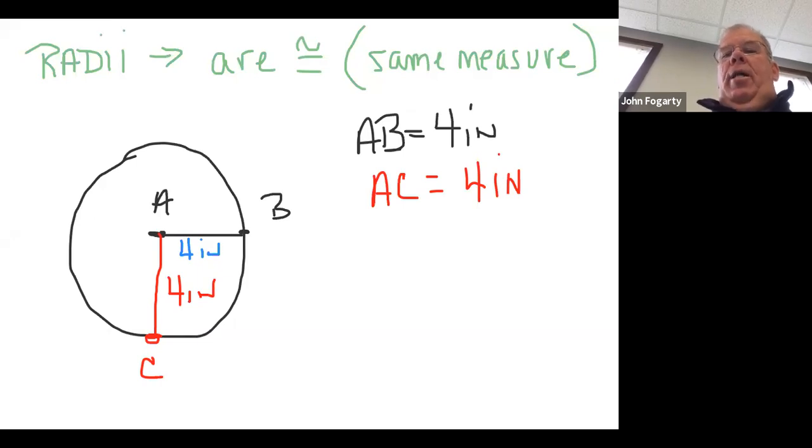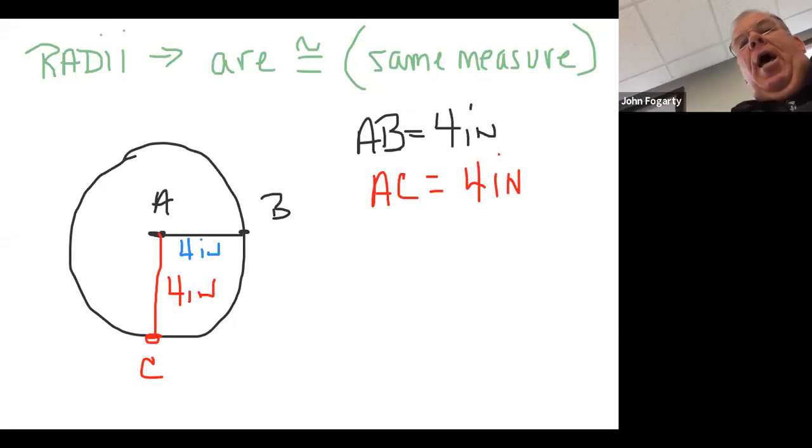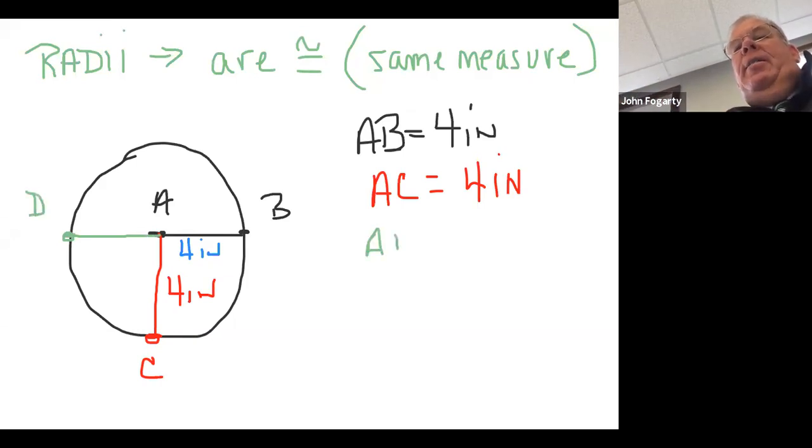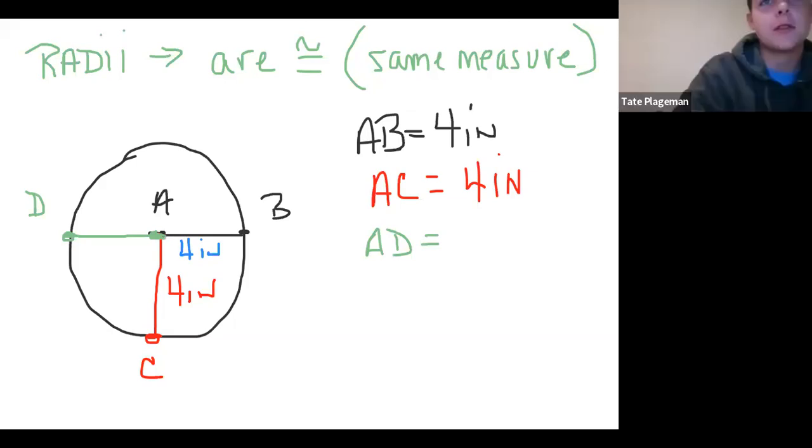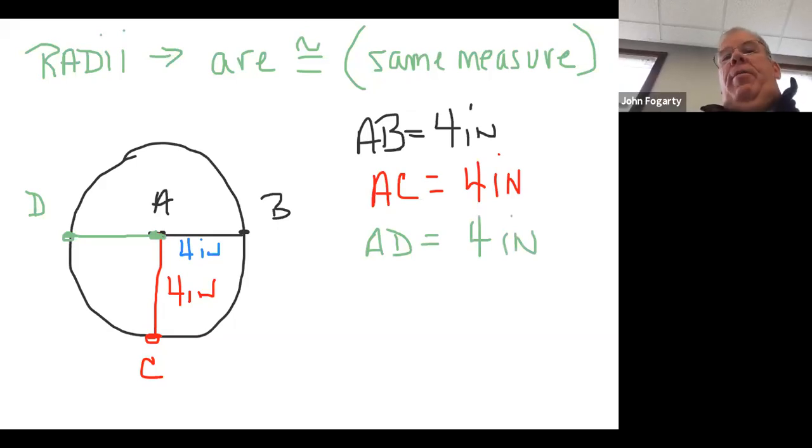All righty. Now let's do a little bit of thinking. How about I draw this one? Now I have AD. How long is AD? 4 inches. Why is it 4 inches? Because all radii have to be the same measure.